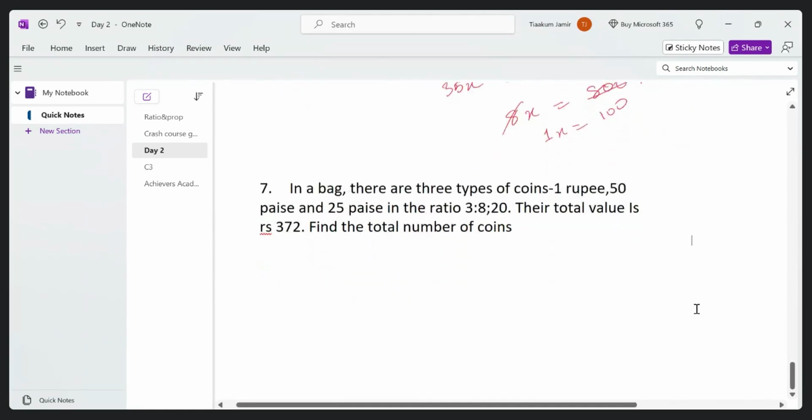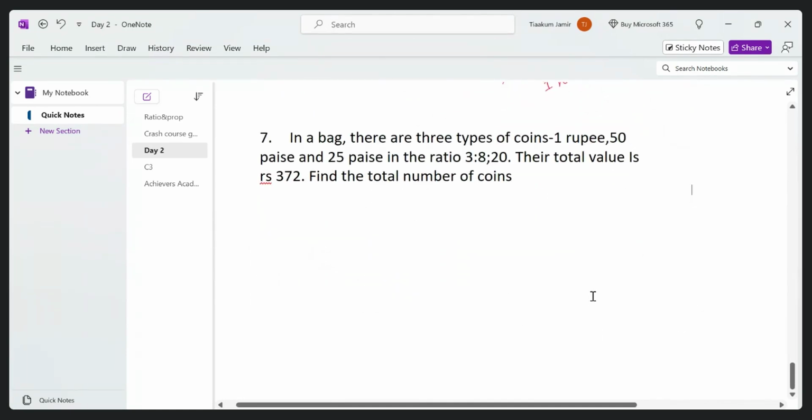Here, it says in a bag, there are 3 types of coins: 1 rupee, 50 paise, 25 paise, in the ratio of 3:8:20, right? Their total value is rupees 372. We need to find the total number of coins.